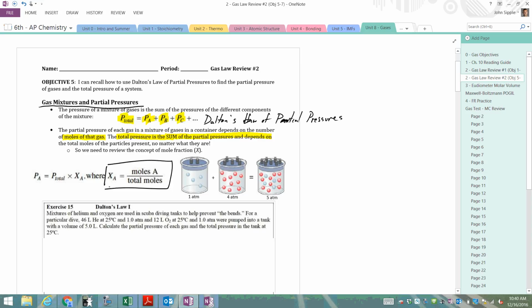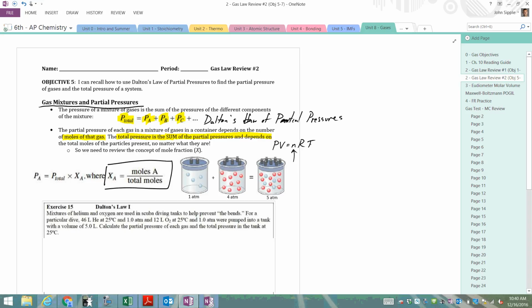The mole fraction is just the moles of an individual gas divided by the total moles of gas in the container. If we're dealing with moles of gases, PV equals nRT, our ideal gas law, is going to be fairly important.